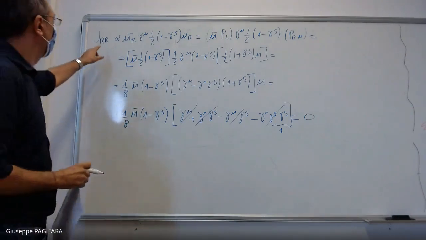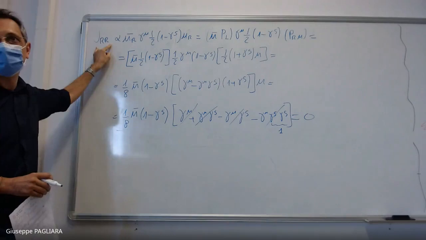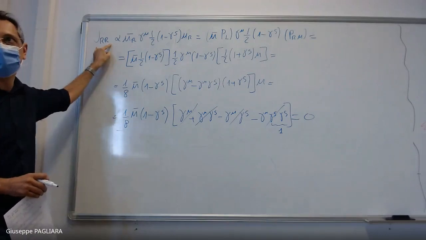So there is no right current in the charged current weak interaction.